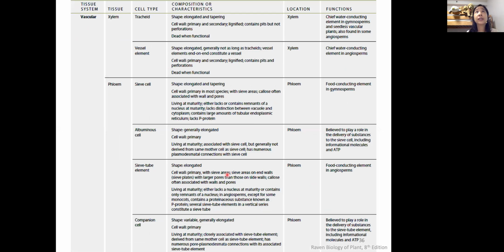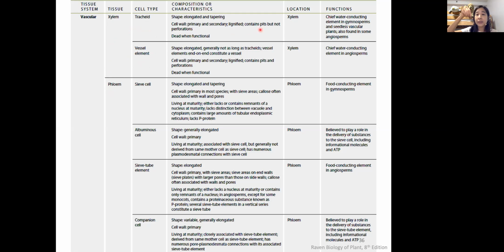So in the vascular system, you have xylem tissues and phloem tissues. For xylem tissues, you have two types of cell type, tracheids and vessel elements. These two are very similar. They are elongated, very long, very tall, and they're dead when they function. They both have primary and secondary cell walls with lignin deposited.